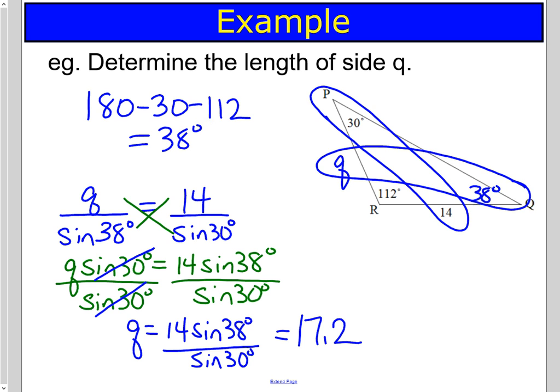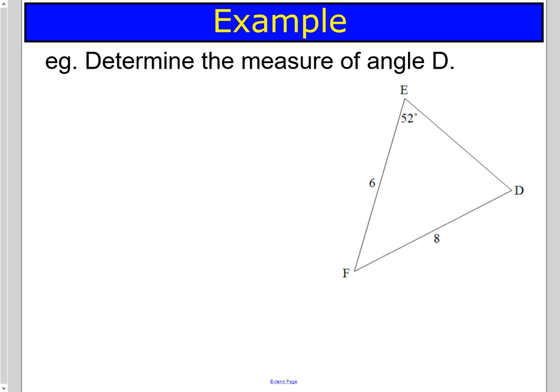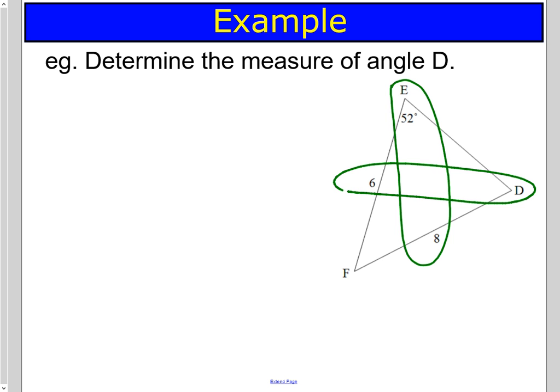All right. Let's keep going. Now they want us to find an angle. So we're still going to start the same way. I'm going to look for an angle and an opposite side that I know. So I see one right there. And I'm looking for angle D. So I need side D, which I have. Okay, so here we go. Let's set this up.